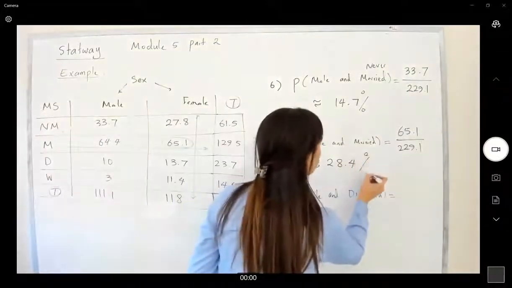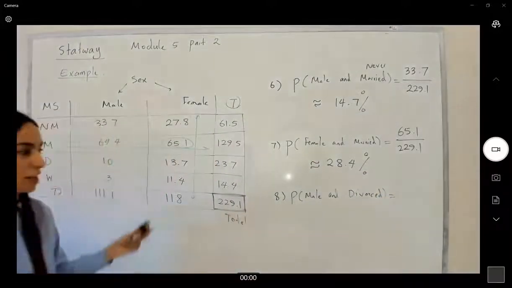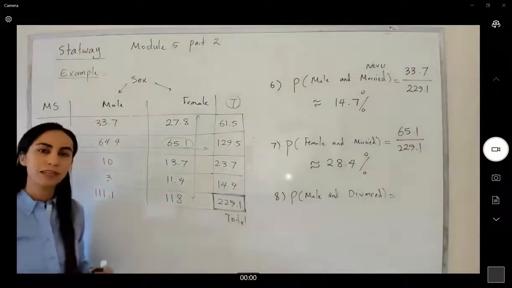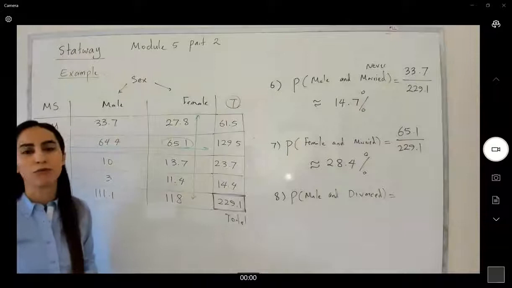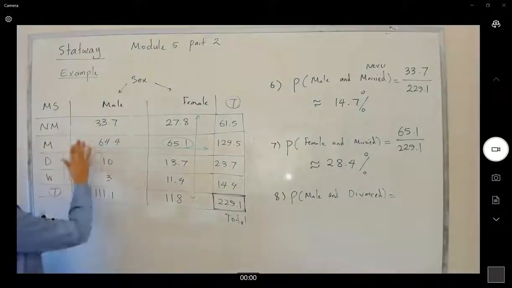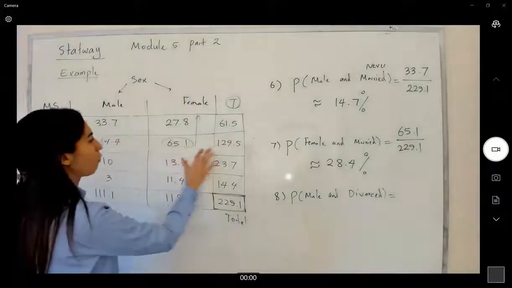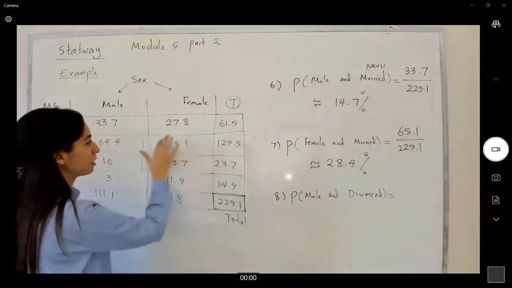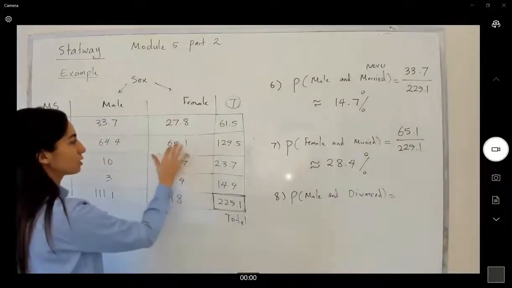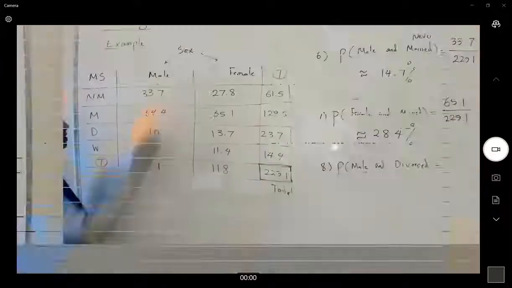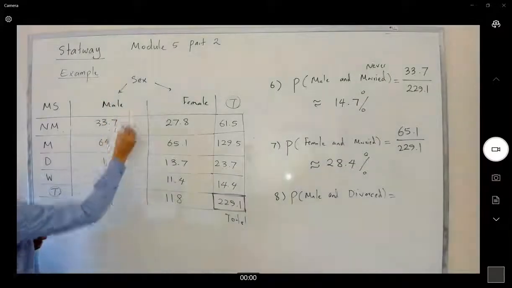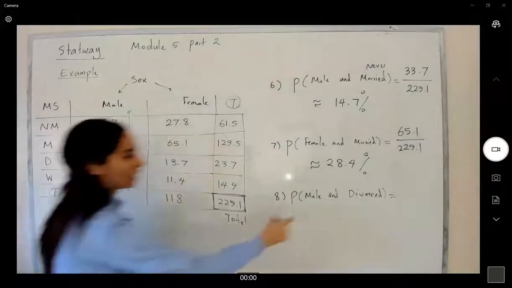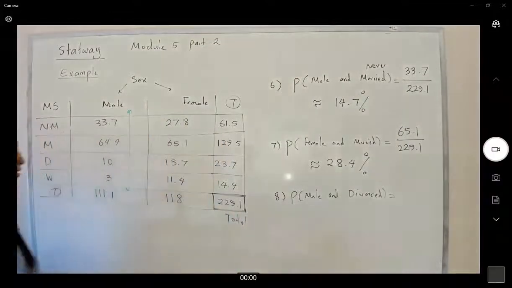And finally, question 8 says, what's the probability that you have a male and divorced? Okay, you randomly selected one person. What is the probability that that person is male? So we have to get back to the previous column, the male column. And we're looking at the category that that person is divorced.